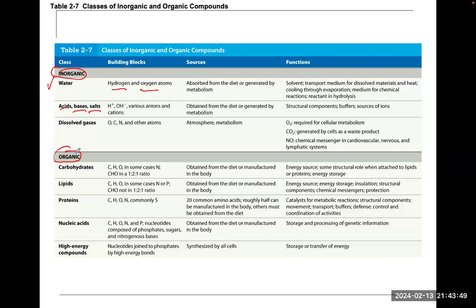When we spoke about organic compounds, we spoke about carbs, lipids, proteins, nucleic acids, and high energy compounds. So you can review this page, review their sources, and then you can review their primary functions.